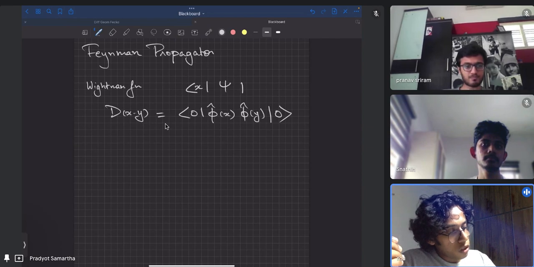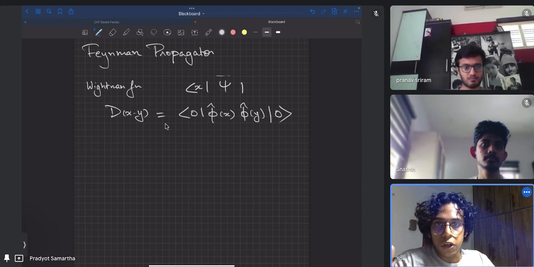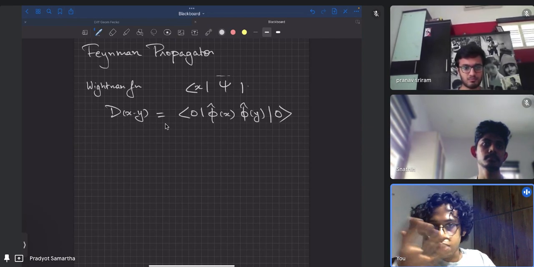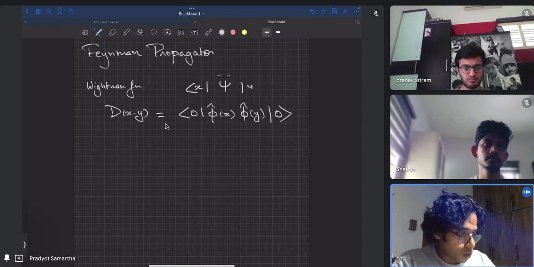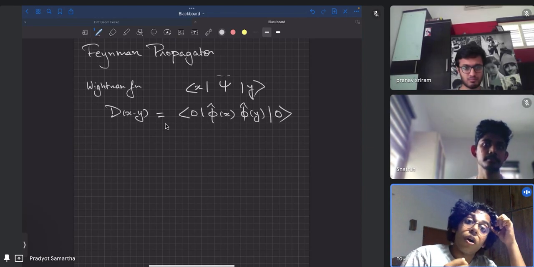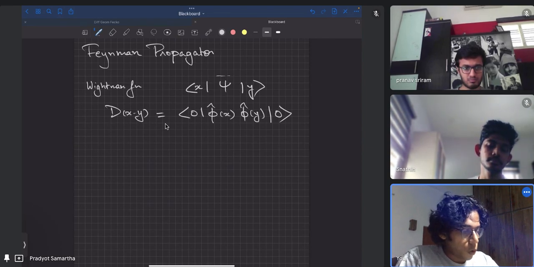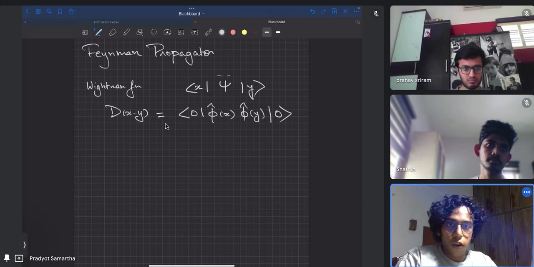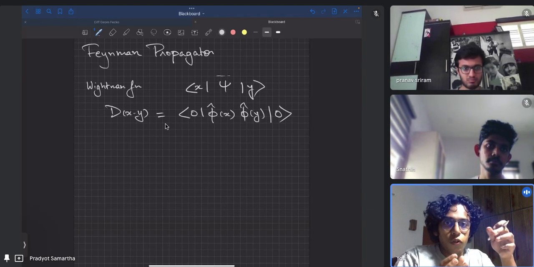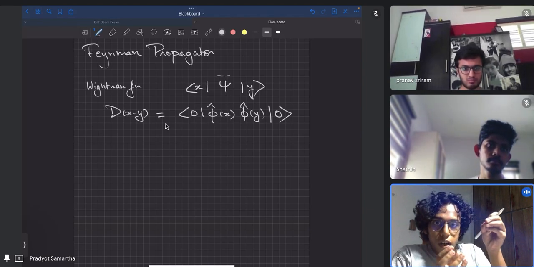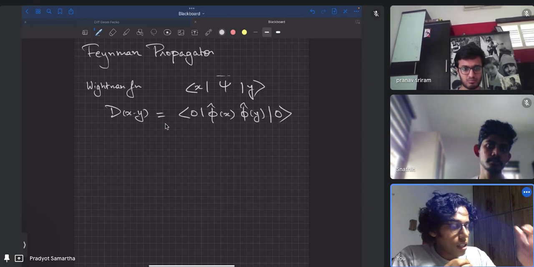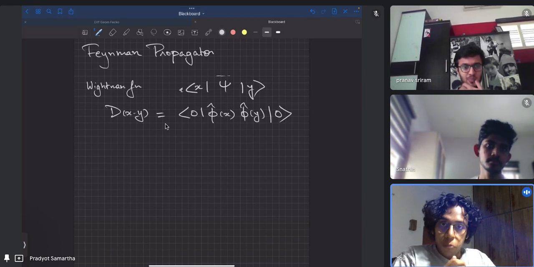So you want to measure the amplitude of this particular field, right? Some sort of amplitude. So again, it's all very abstract. So the probability of this process of this psi field moving from point x to y is given by this in the position coordinates.